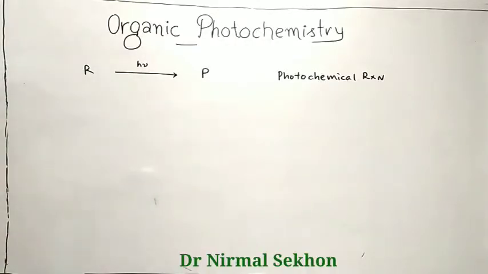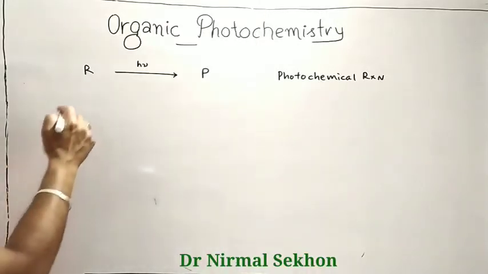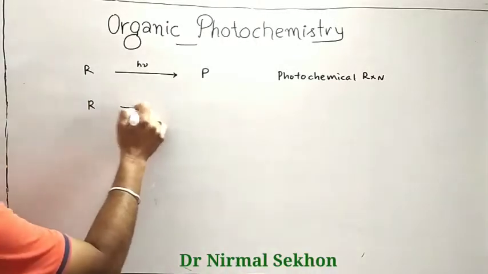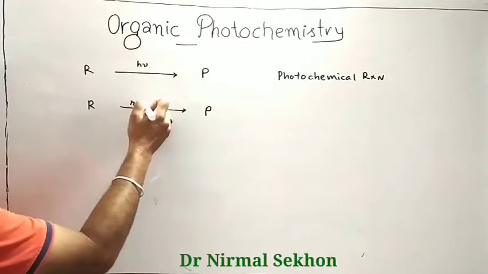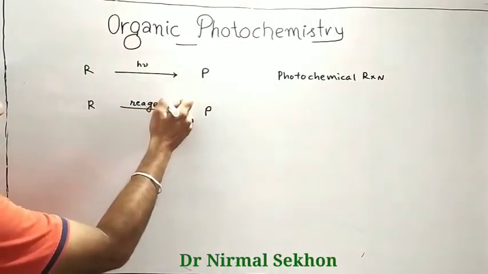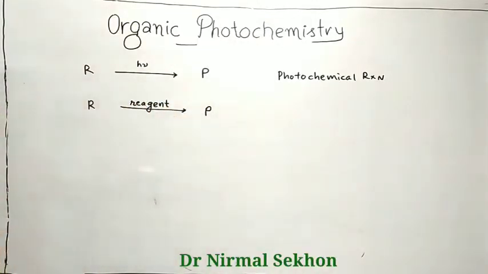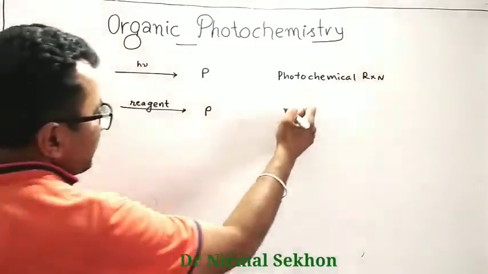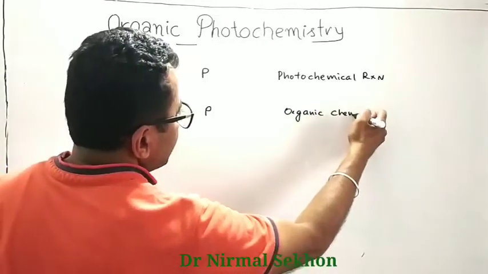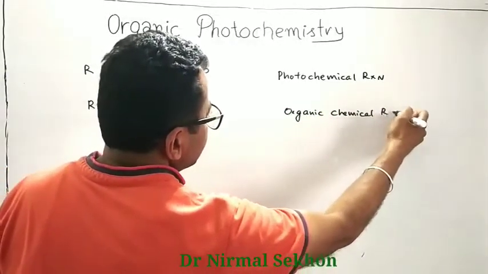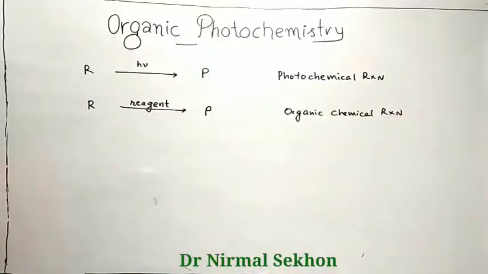So how will you compare it with a simple chemical reaction? Suppose we have R and it is going to change to P. If we add some reagent, R plus reagent gives you P. So this is your organic chemical reaction. For example, we have ethene.